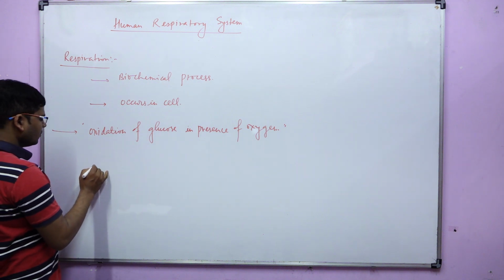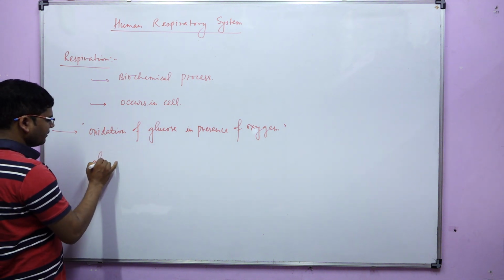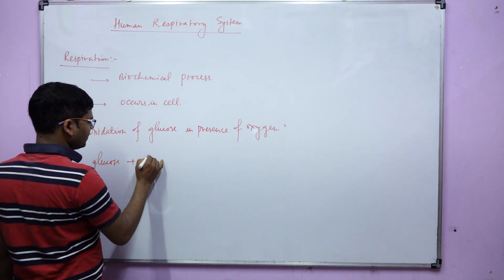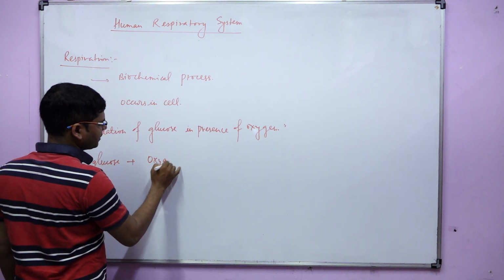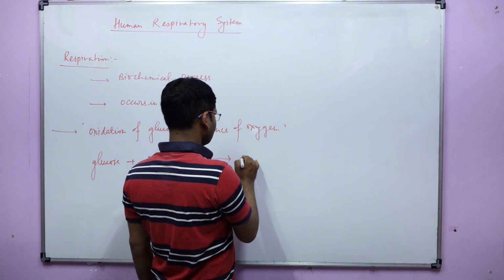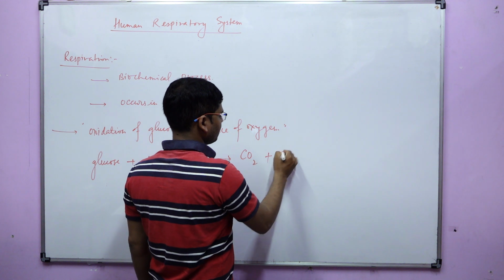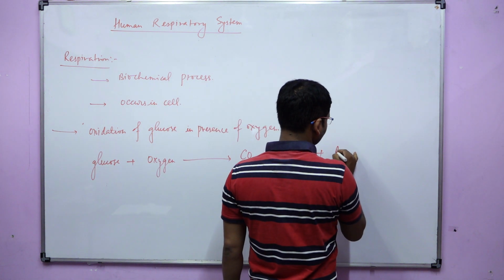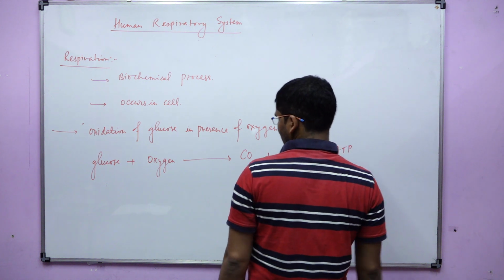Let us take a glucose molecule. First I will write the word equation. The glucose molecule reacts with oxygen. Then we get carbon dioxide, we get water, and we get energy in the form of ATP.